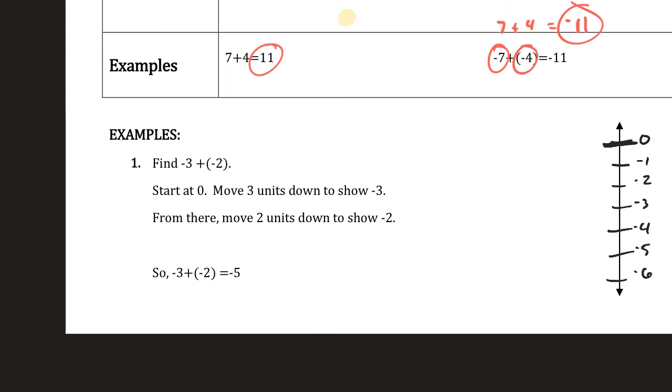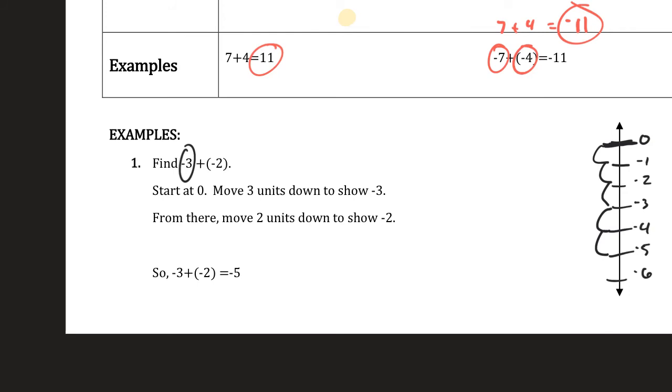I'm going to start at 0. I'm going to move 3 units down, 1, 2, 3, and that's where I'm starting, at negative 3. Now I'm adding negative 2 to it, so I'm going 2 more negative spaces and get my answer of negative 5. So that's using a number line. That's how I would do it.